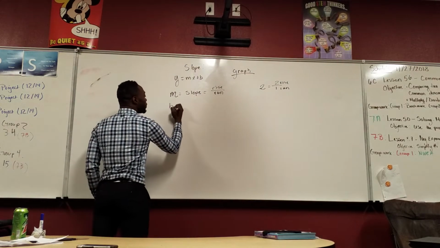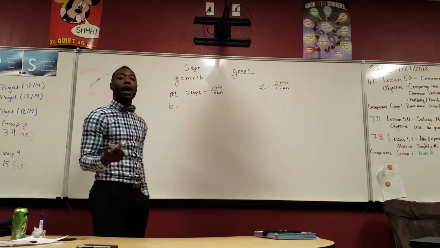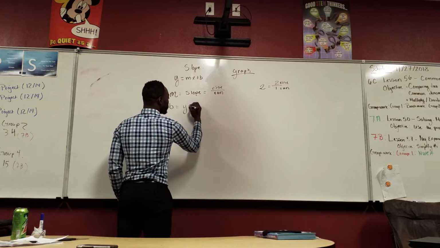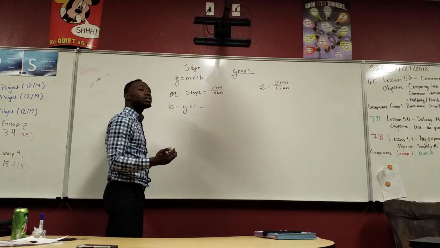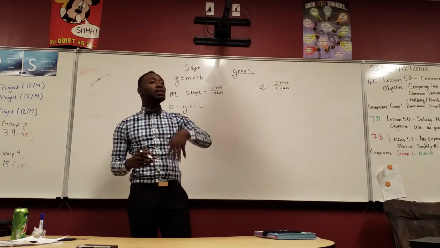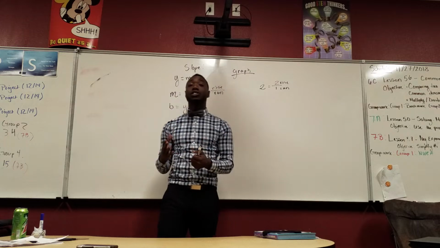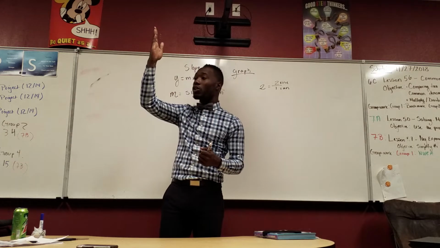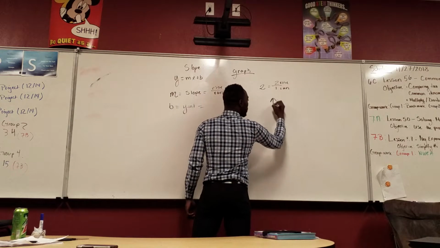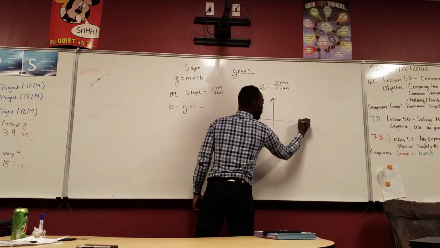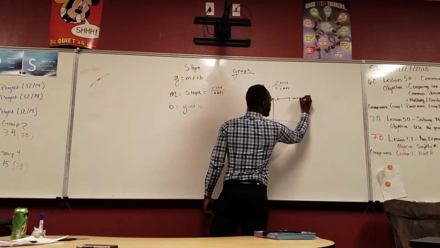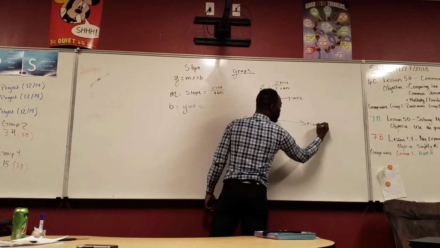Now we go with our b. Our b is our y-intercept. The y-intercept tells us our first point on the graph. It is one of the most important points because it lets us know where the line is going to cross the y-axis. So if I was to draw a sketch of a graph, this is my y-axis and this is my x-axis.